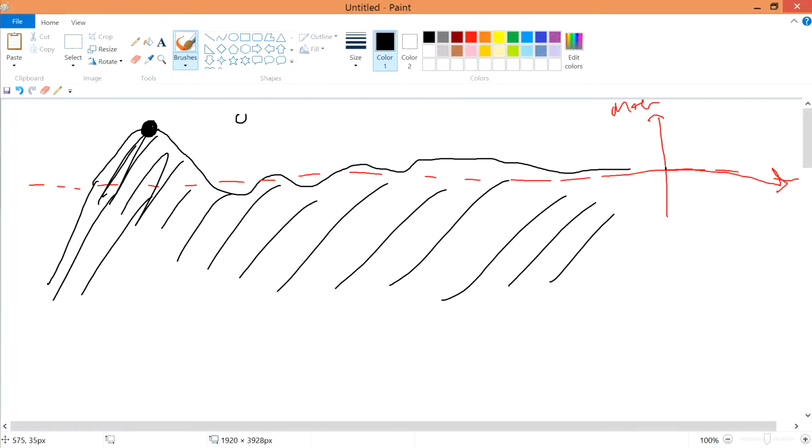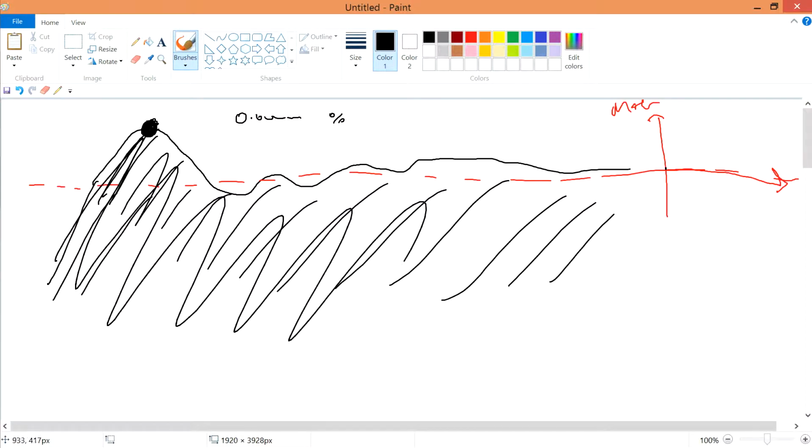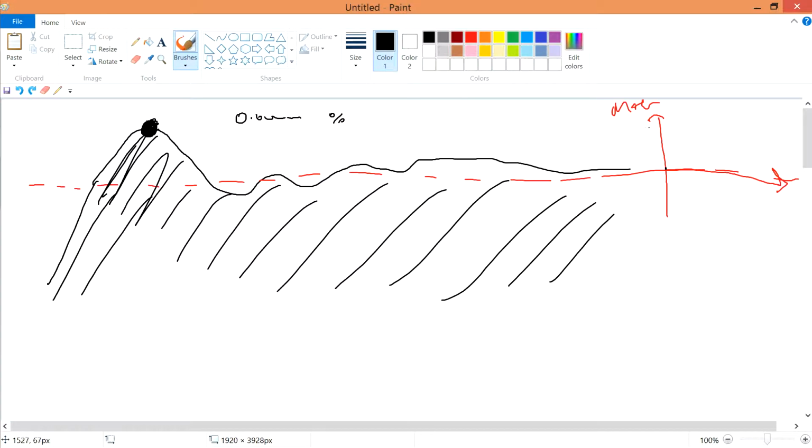Very little, right? 0.0000 something percentage. At this point there is only a very small amount of material compared to the whole material, so the probability over here is very small, 0 point something. That's why in the x-axis it's very small.